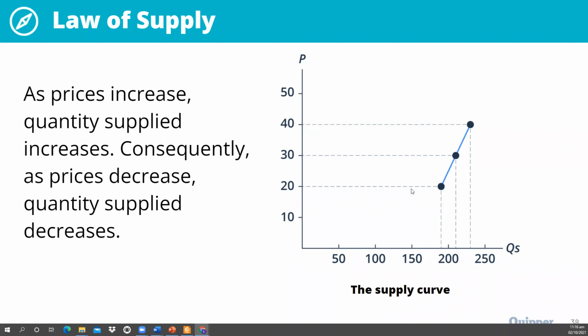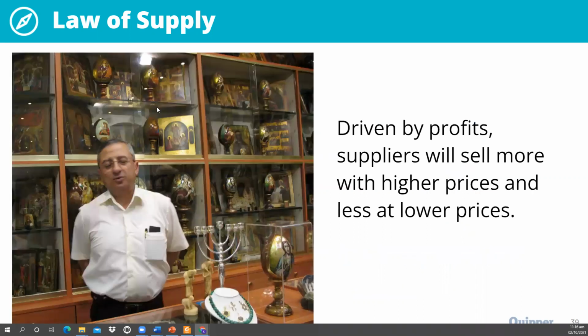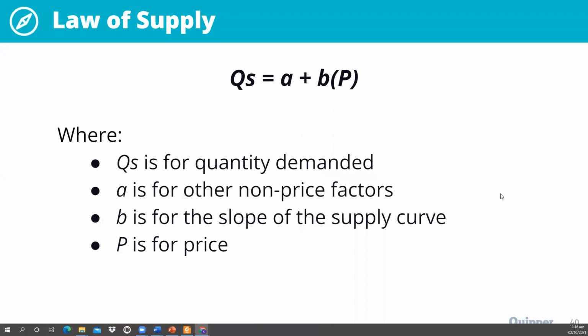So again, for the law of supply, habang tumataas ang presyo, mas tumataas din yung number ng gusto natin i-supply. Okay? Driven by profit, suppliers will sell more with higher prices and less at lower prices. Okay, so not considering the quality, the brand, or anything else, we always choose the expensive one.